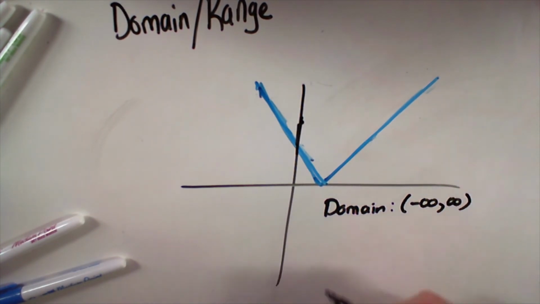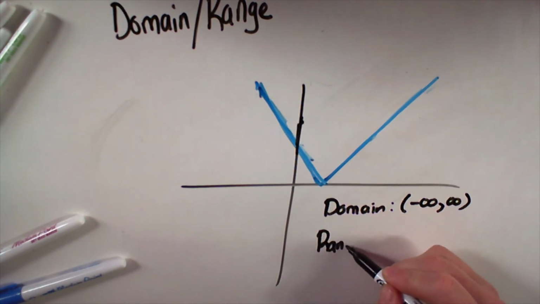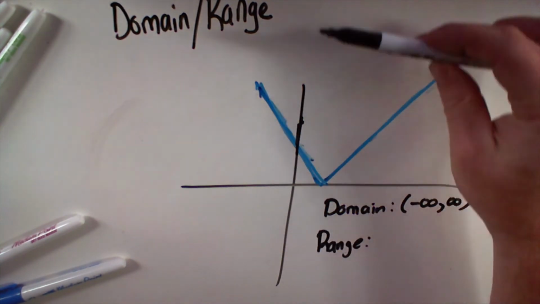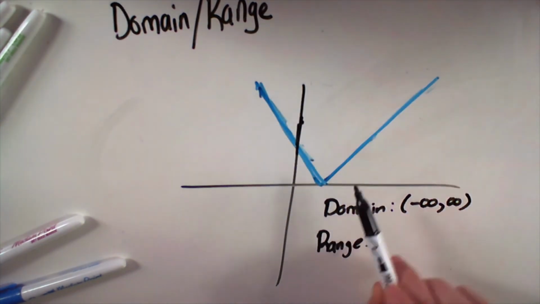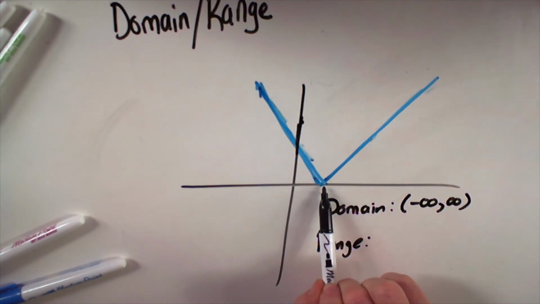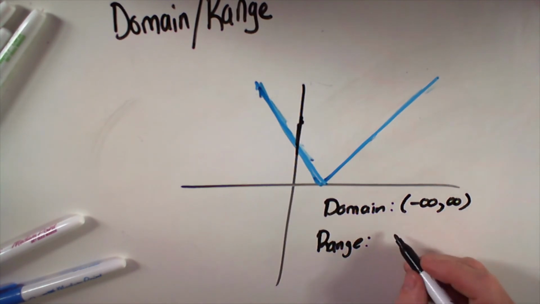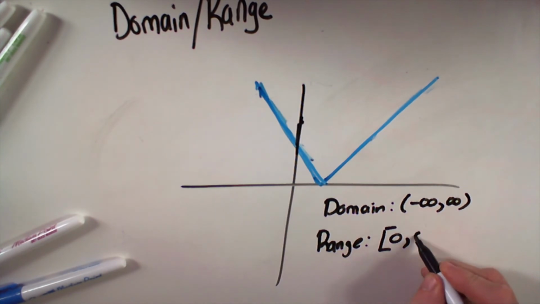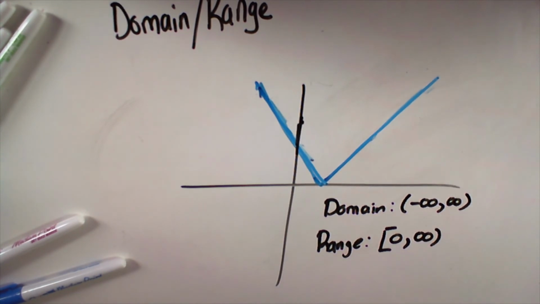But the range will not be all real numbers, because as I am looking up and down, I see that I stop here at 0. So I'm going to include 0, and then I am going to go on to infinity.